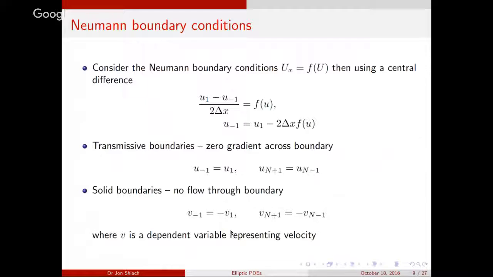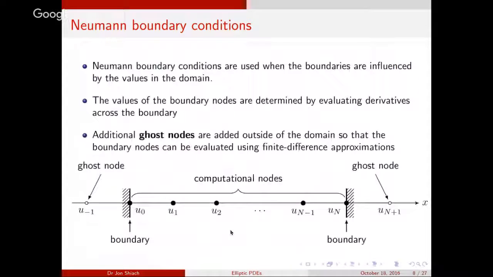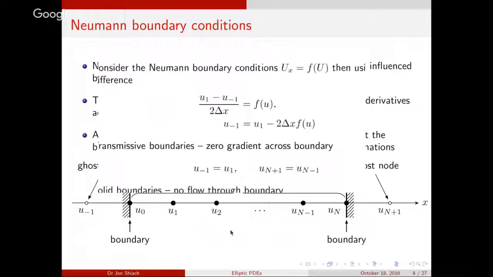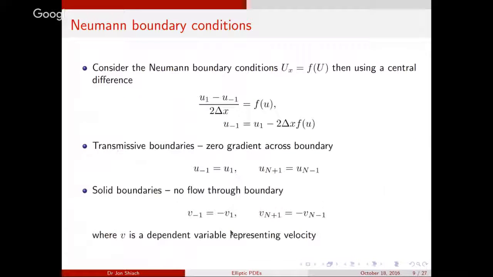If I take u_x at the 0 node, I take the value of u_1 minus the value of u_-1, divided by 2 lots of the step length. That's what we've got here. So u_1 is the value to the left of u_0, u_-1 is the value to the right of u_0, divided by 2 lots of step length, and then whatever that function is here.